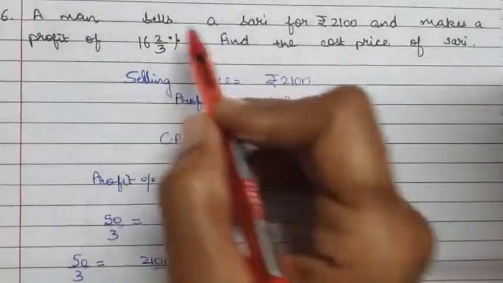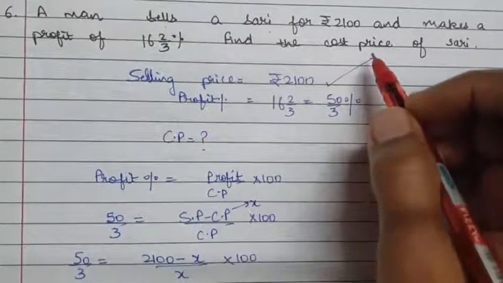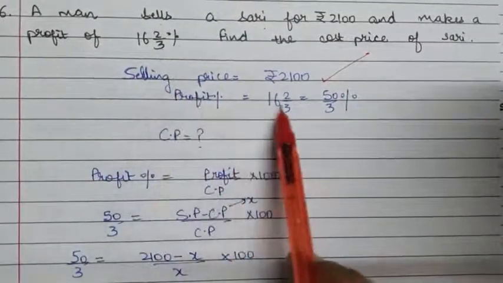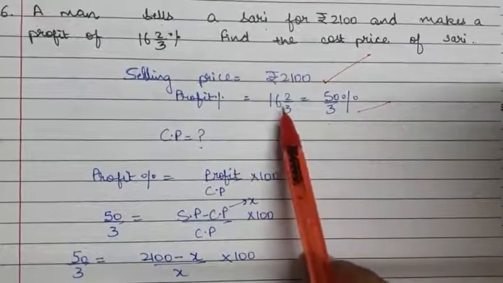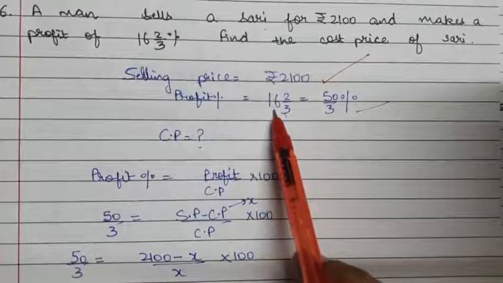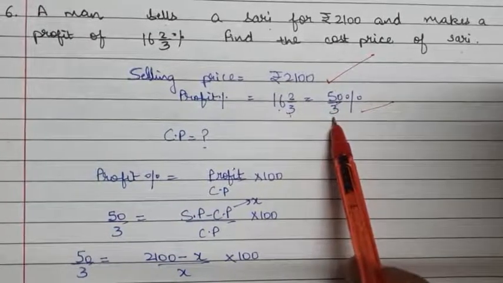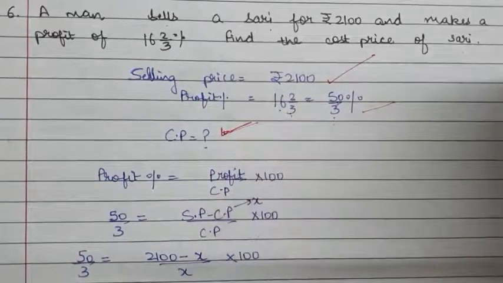Now, sells a sari means selling price is given to you and profit percent is also given to you, that is 50/3%. 3 into 16, 48, plus 2, 50. 50/3. Now we have to find the cost price.